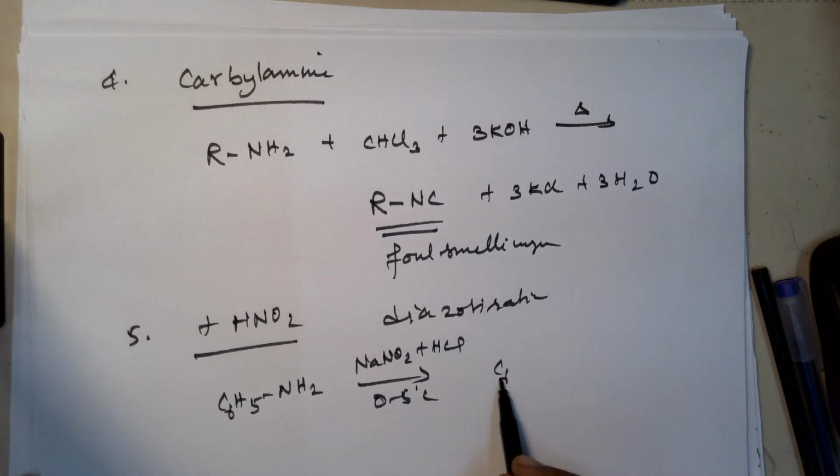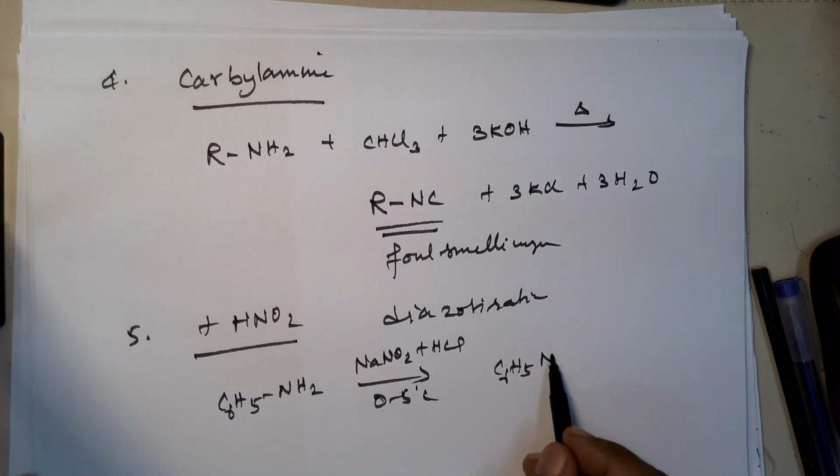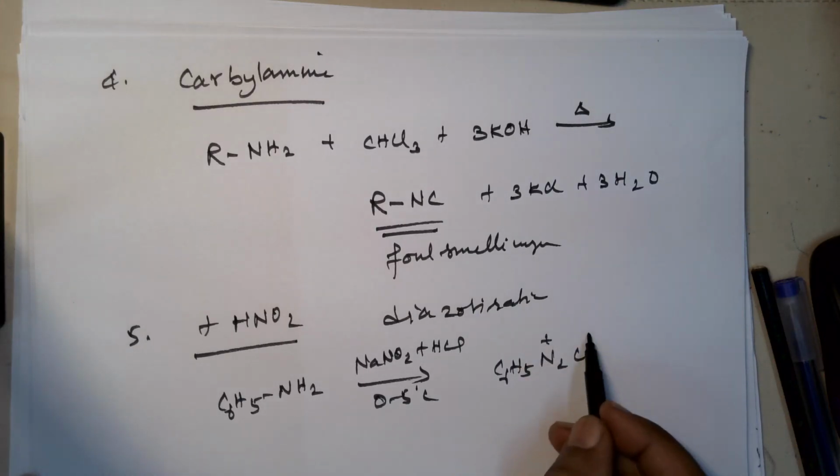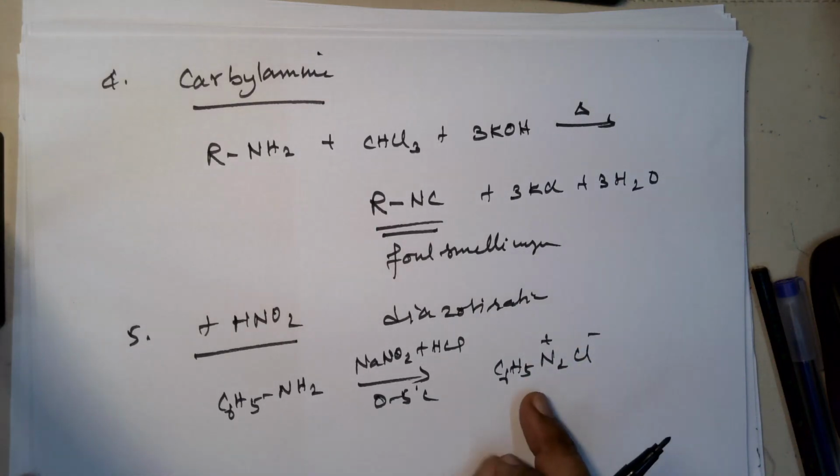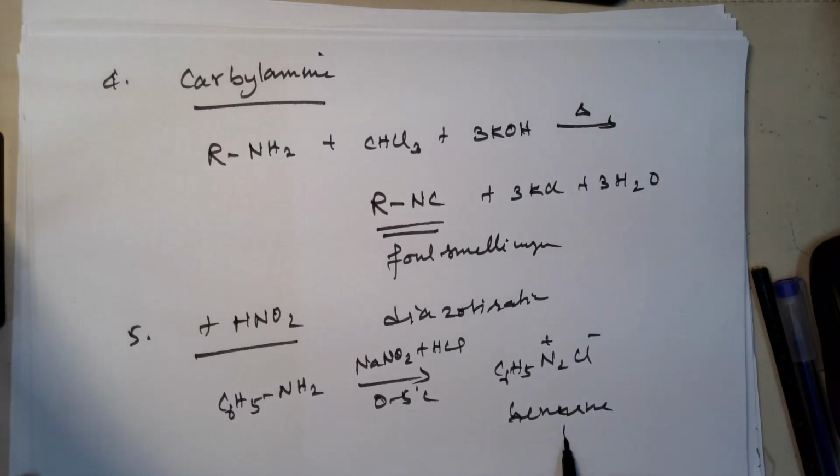It gives C6H5N2Cl with plus and minus. As I already told you, N plus means azanium chloride. Now there are two nitrogens, so diazonium chloride, and it is based on benzene, so it is called benzene diazonium chloride. And this reaction is called diazotization reaction.